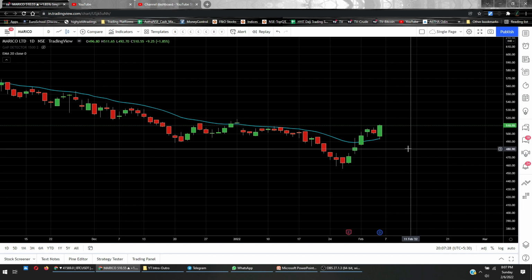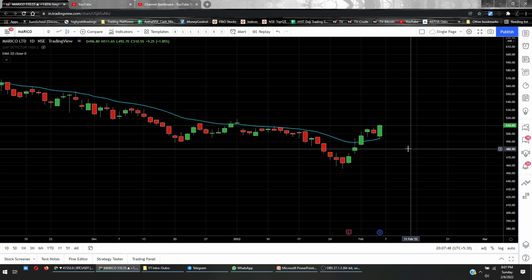So, the final thing is, if you see a particular resistance or a support level being breached, and you want to initiate a buy trade, wait for that particular script to go up, retrace down, and then when it starts moving up again, that is when you initiate a buy trade.